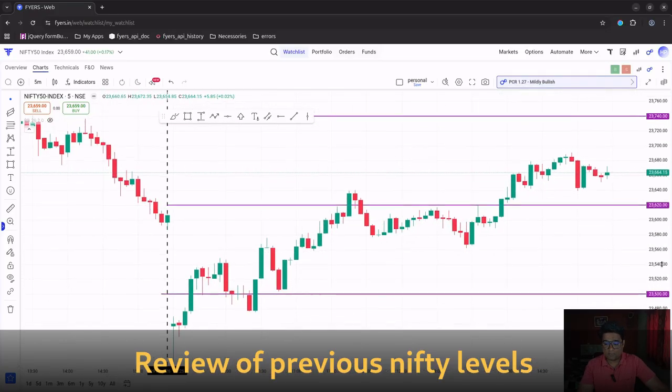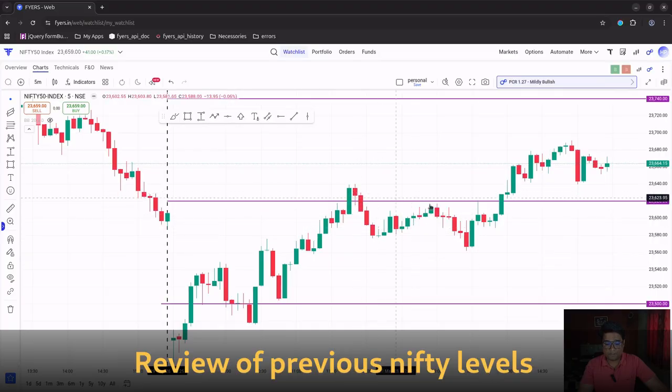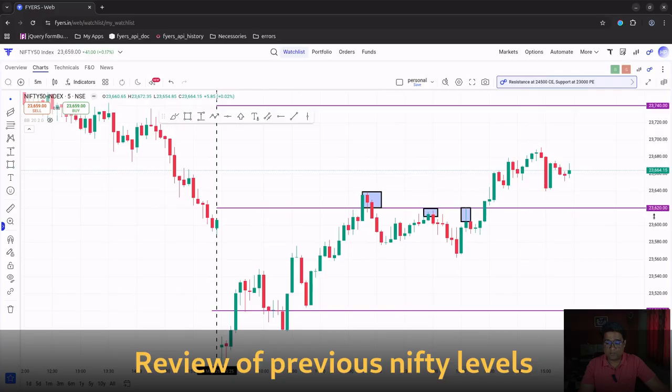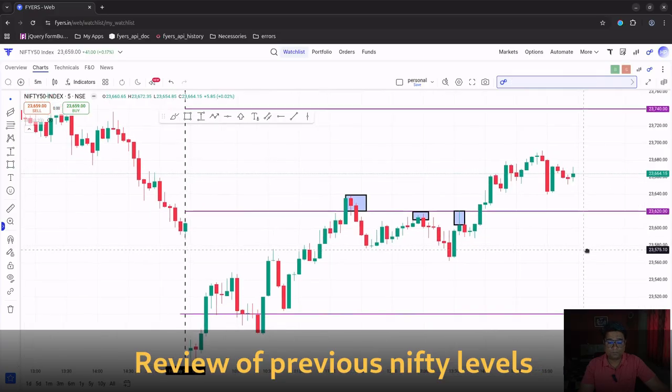See here, that's why we get sub resistance right here. Just see the resistance. This was a fake breakout resistance right about here, and again this hammer at about 23,620.